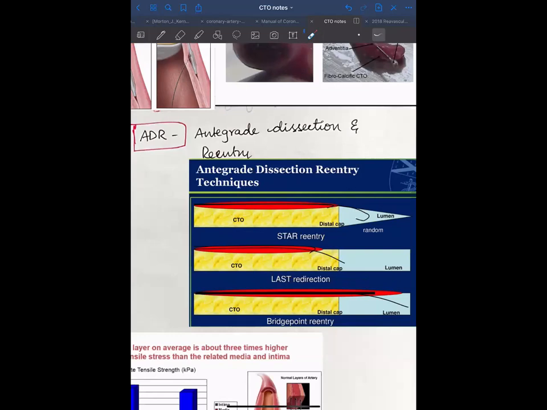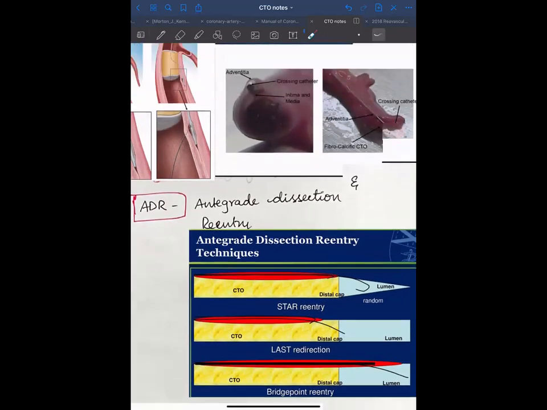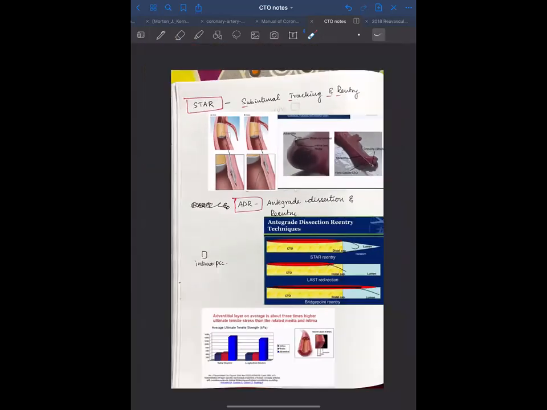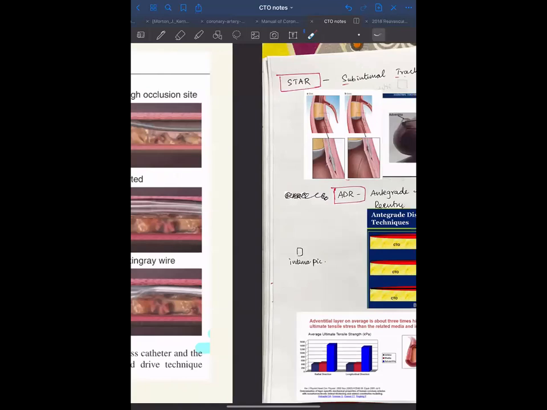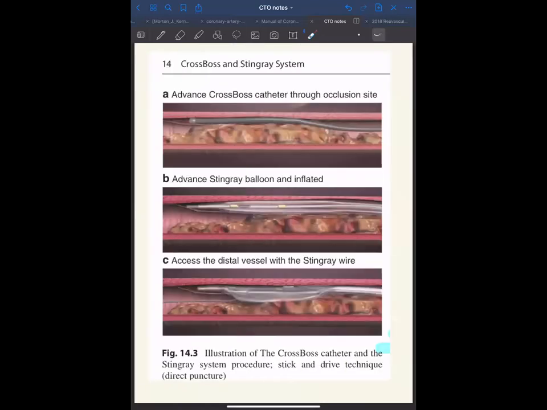That side port, will it be in line with the catheter, or will it be separate here? No, see, this is a side port, right? If you're not understanding this, there's a video, I think we can watch it in the end, regarding Stingray. Because it is a flat thing, this is in line.